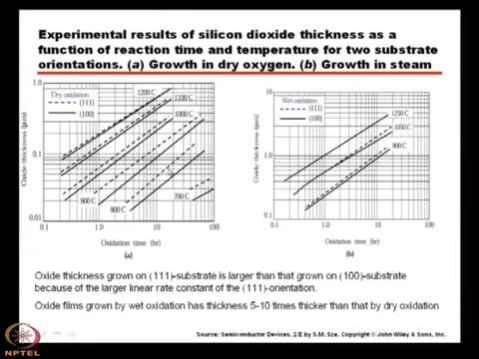So, both low and high temperature oxidation are used here. Low temperature means say 700 to 900, and high temperature is almost 1000 to 1200 degree centigrade. These dotted curves are for the 111 orientation crystal or substrate, and 100 is the solid curve.